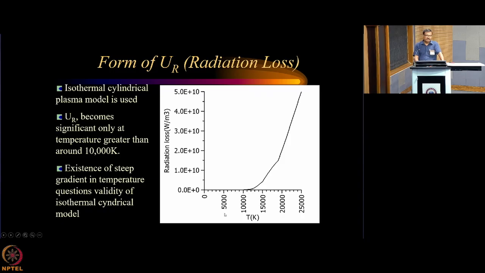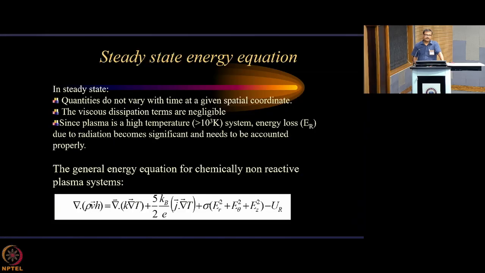But as you go beyond 10,000, it rises almost exponentially, and in this region it is really significant. So what we are doing now in steady state, we are assuming that quantities do not vary with time at a given spatial coordinate.